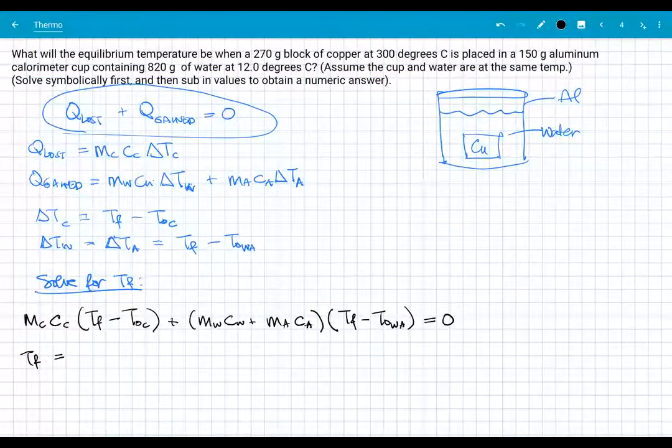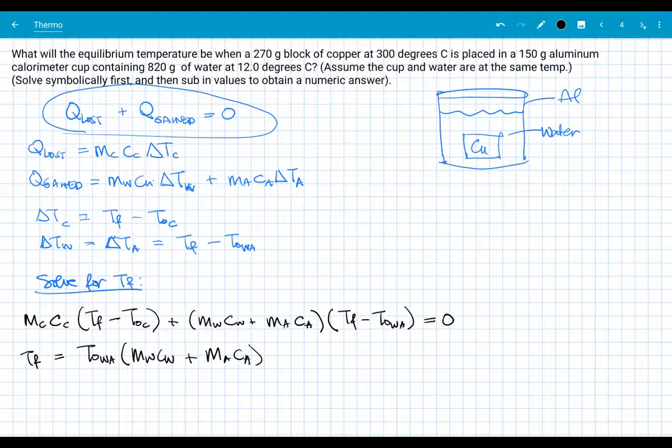And if I do that, I get that T final is equal to T initial of water and aluminum plus T initial of copper times MC for copper.